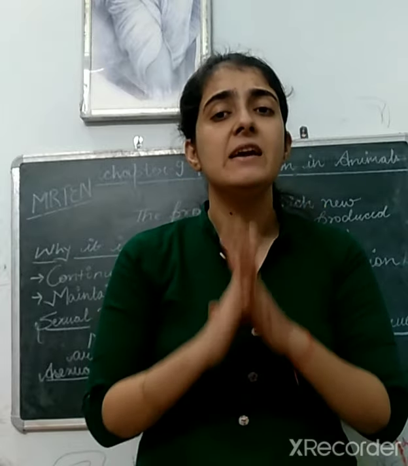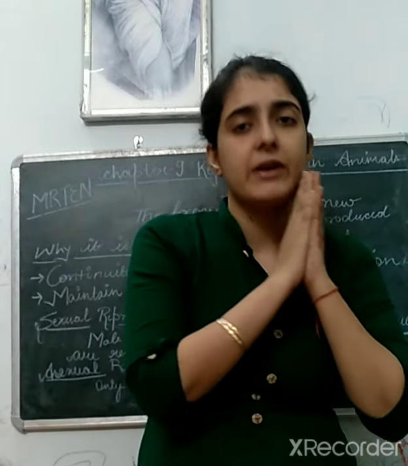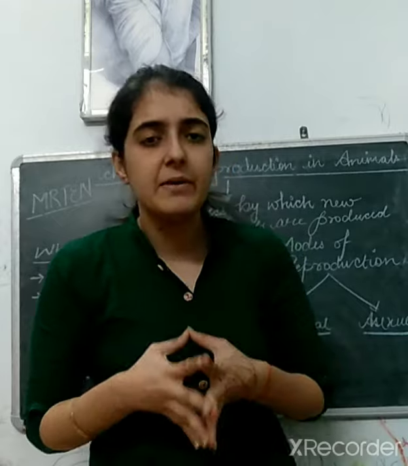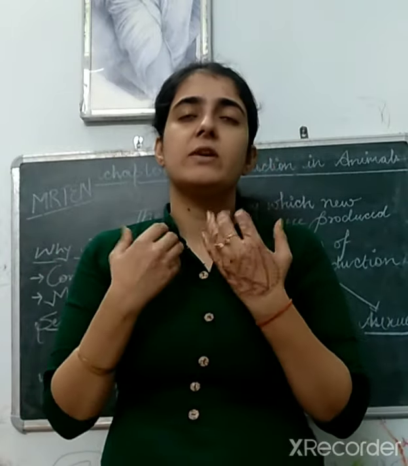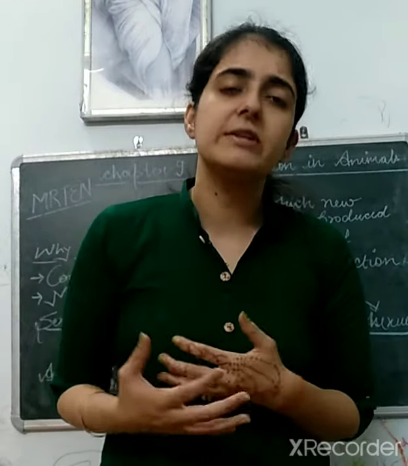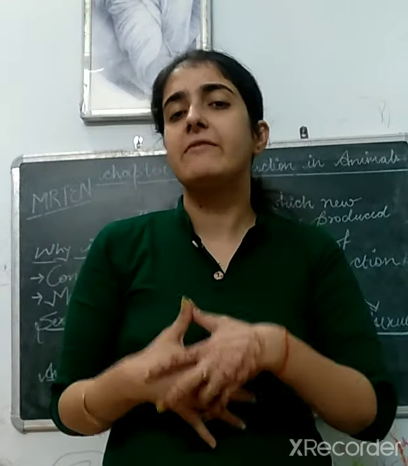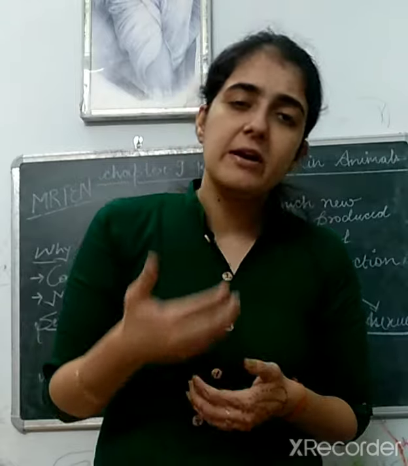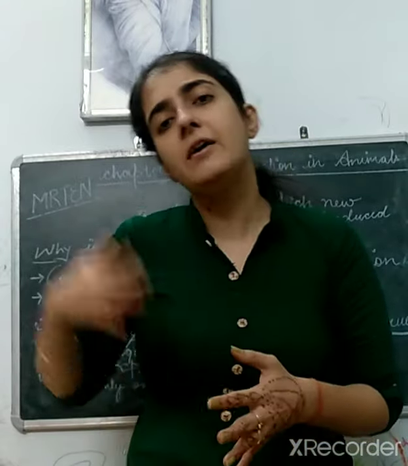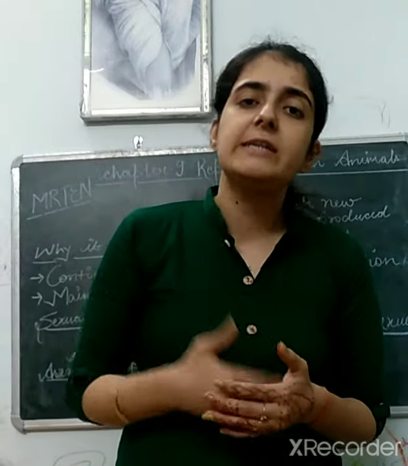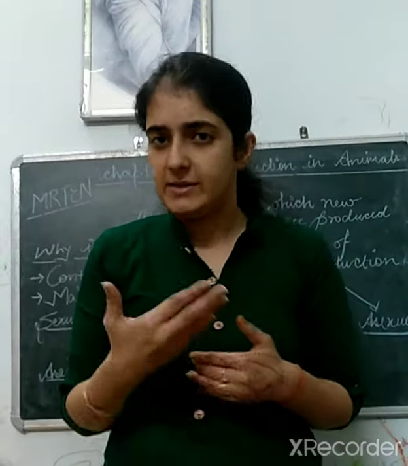A gamete is basically a sex cell or a reproductive cell. In chapter number 8 we discussed cells, right? We discussed that in our body we have different types of cells. A reproductive cell is also one cell which helps to reproduce a new organism, and we call it a sex cell or gamete, right?